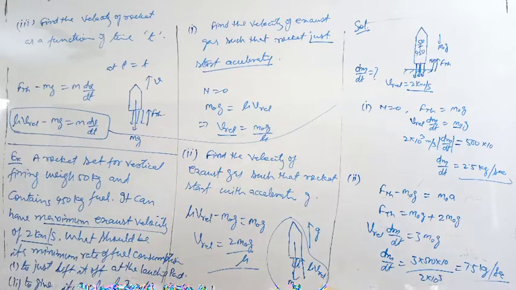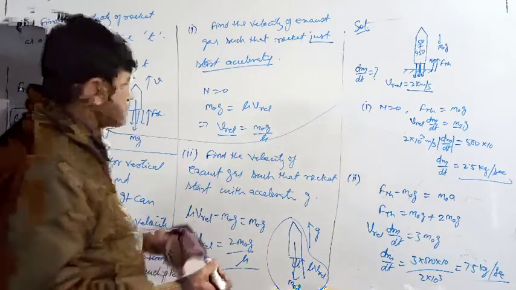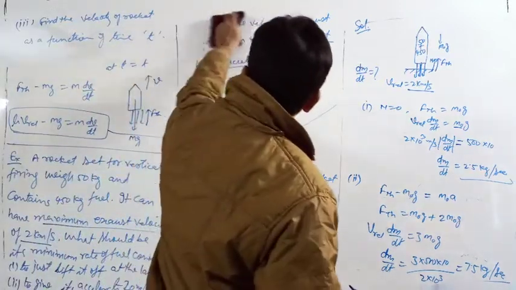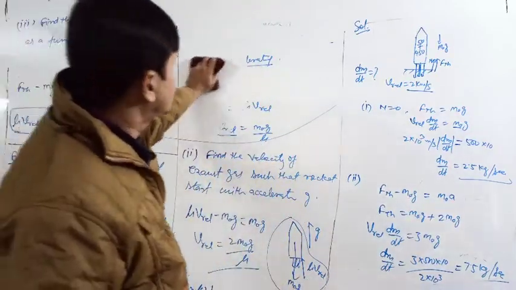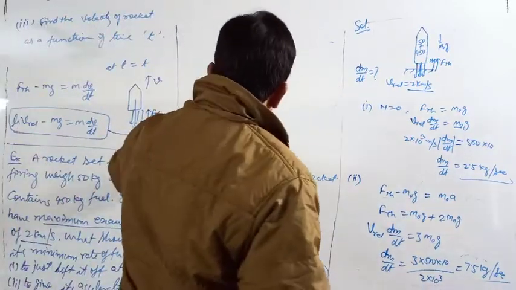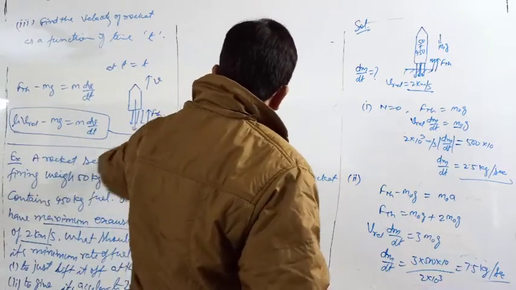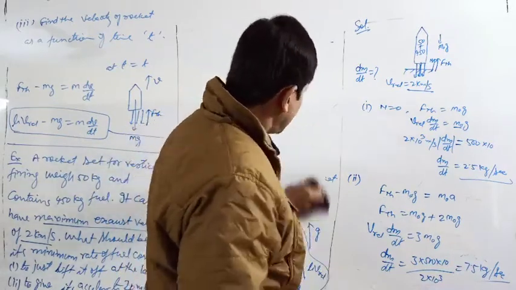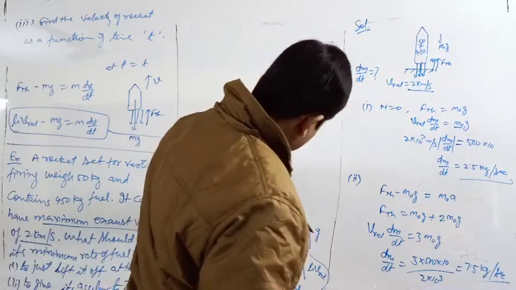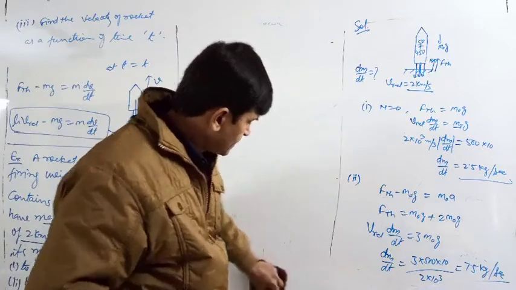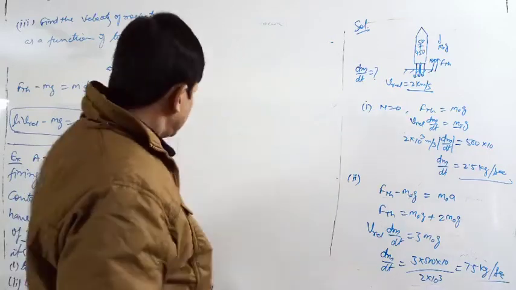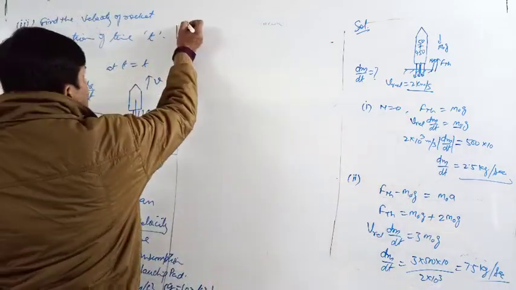See, in the third part, one more question I can add here. I am adding one more question here. What is the maximum speed acquired by the rocket? In the third part, in the same question, I am adding this third part.